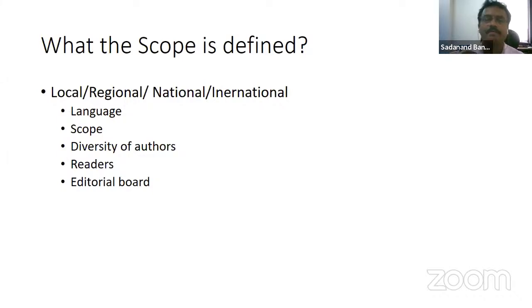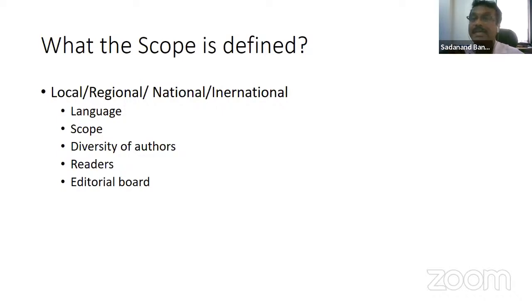If the majority of the authors are from Maharashtra only, and none of the authors are from other states, naturally it could be said it is a local, regional one. But if some of the authors are from maybe Karnataka, Kerala, West Bengal, or the northern part of the country, they say it is national.